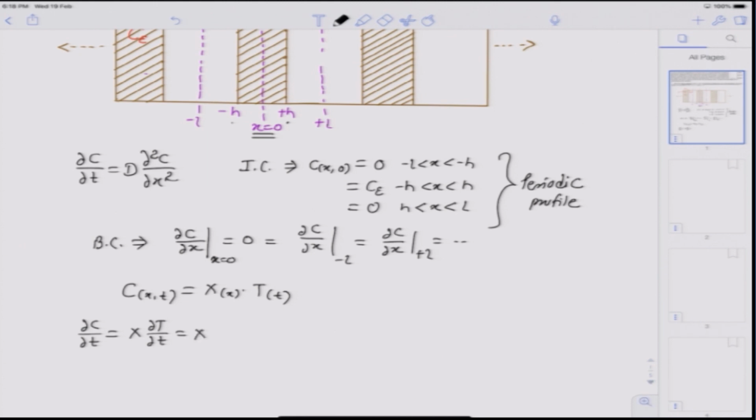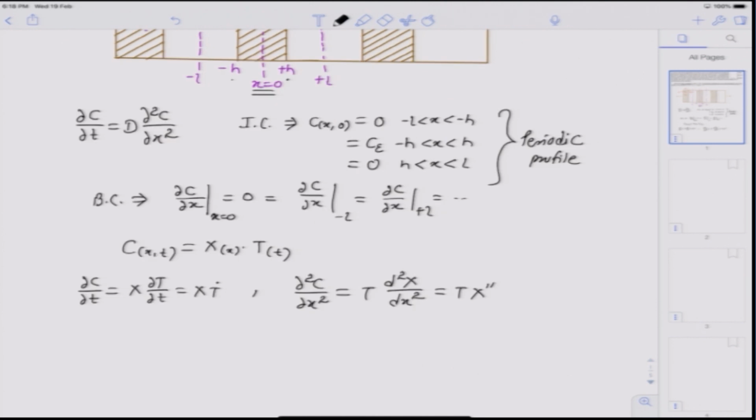So, we can write X times T dot. Similarly, the second partial of C with respect to x becomes T times d²X/dx². Again, X is only a function of the distance coordinate x. So, we can replace this ∂²X/∂x² with d²X/dx², and this we write as T times X double prime.